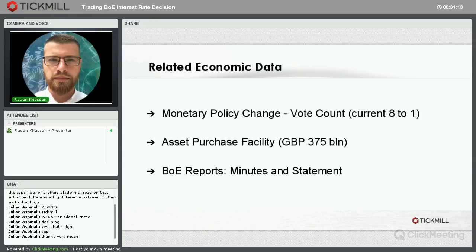That means the monetary policy committee consists of 9 members. 8 of them vote for no change in monetary policy, meaning no difference in asset purchases and no difference in the value of interest rates. And one member is voting for a change, specifically to put the rates higher.